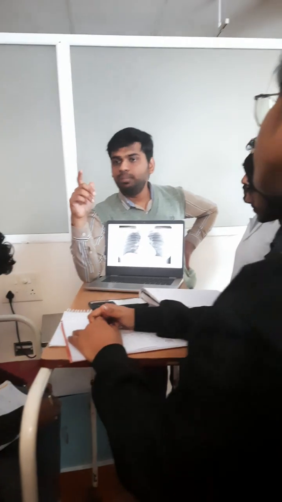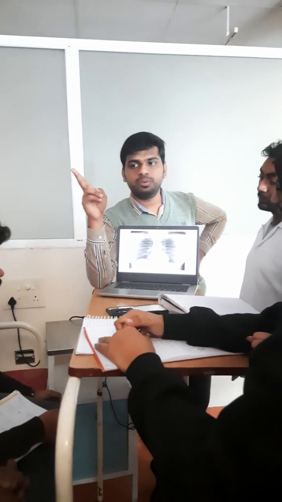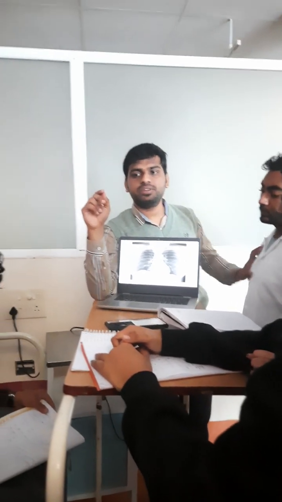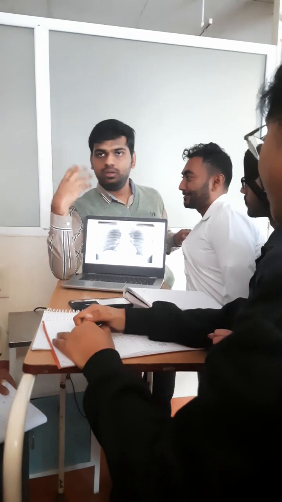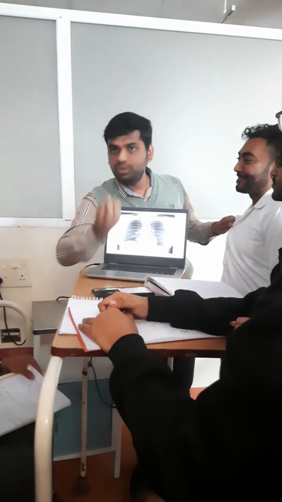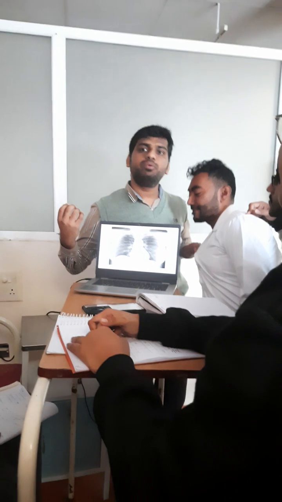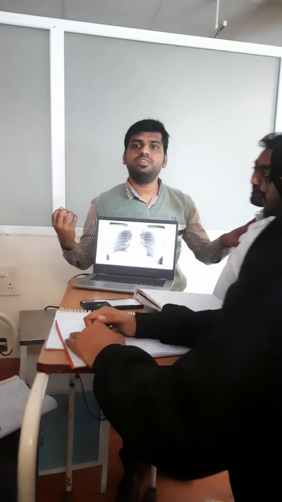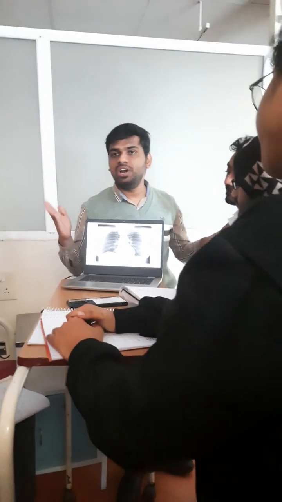Air is black, as in hyperinflation. Okay? And there are two types of lesions we know: pushing lesions and pulling lesions. All the pulling lesions will take the trachea towards the same side. If the pathology is towards the right side, the lesion will pull towards the right side. All the pushing lesions like mass or pleural effusion will push towards the opposite side.